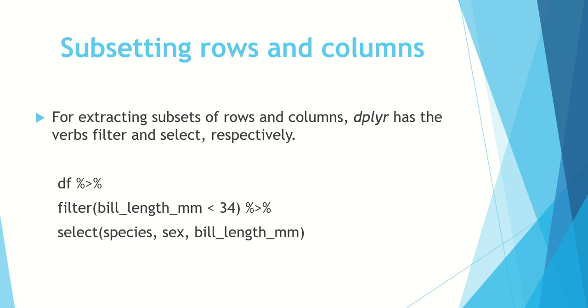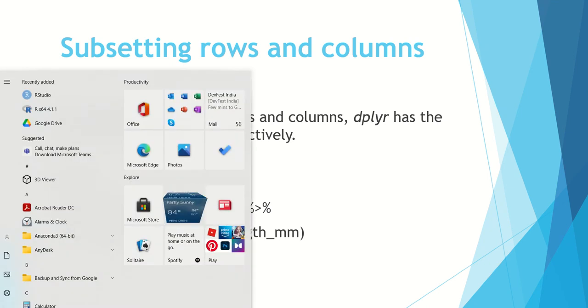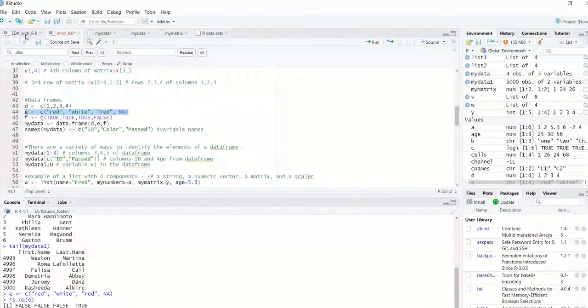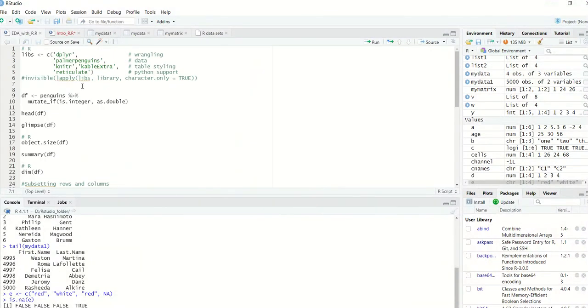For this subsetting of rows and columns I will show you the demo. This is the other R program I have written. Palmer penguins is another data set which is not available with R, but it is freely available on the internet. I used it to show this.